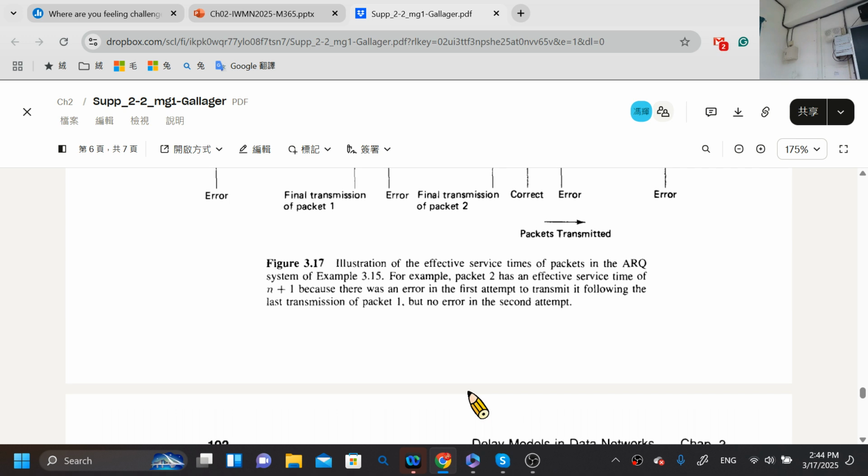And for example, this MG1 is general, it's flexible. Because of general and flexible, we simply need the second moment of the service time. If we can meet the way to have the description, then it can be described by MG1. So, fortunately, the ARQ system, yes, we can fit that one to MG1 by finding the equivalent second moment of the service time. So if we have it, then the problem can be solved.